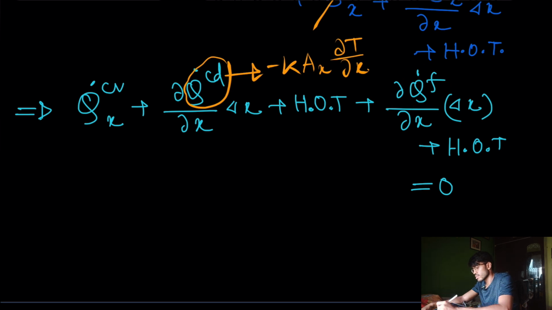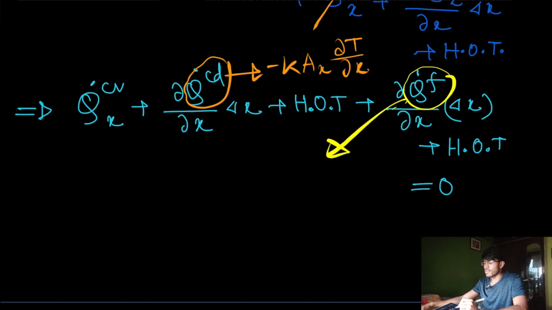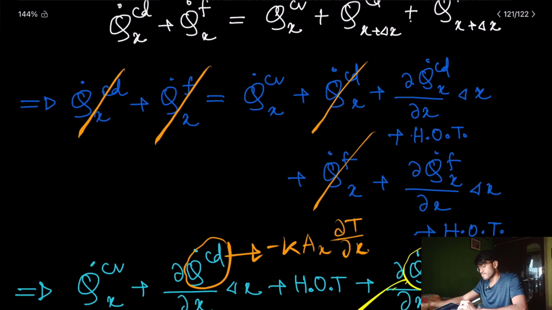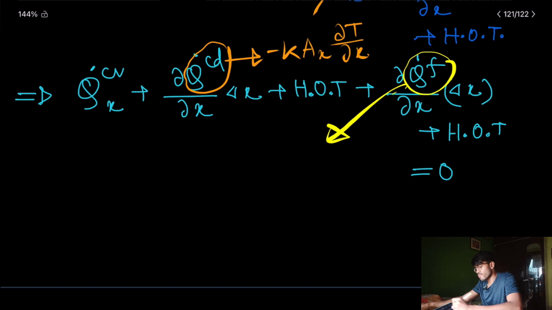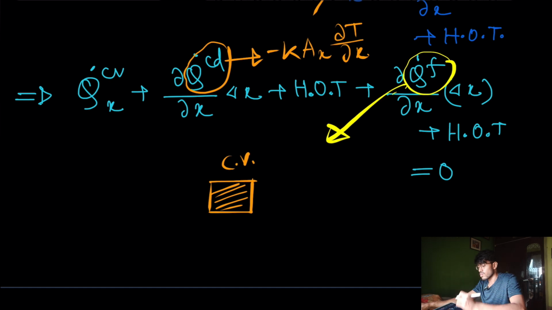Let me write it with another color. Can you tell me what this one is? Let me explain it. If this is my control volume, CV, the rod is entering from here and leaving from here.